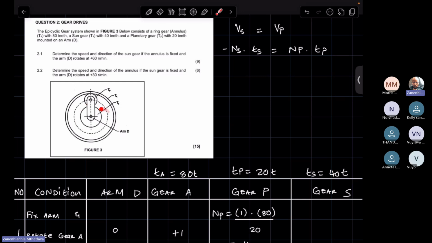The sun gear also has teeth ground onto it on the outside. And like I said, if those kinds of gears come into mesh, they rotate in opposite directions. So having established that the planetary gear is rotating clockwise, and since it meshes with the sun gear, both having teeth on the outside circumference, the sun gear is rotating anti-clockwise.